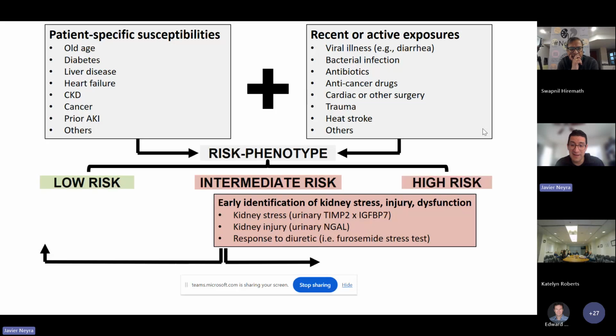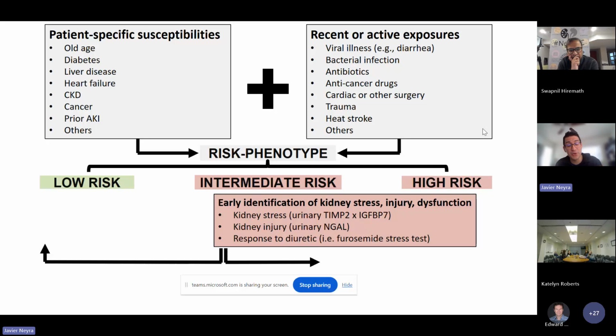So you can identify yourself patients at low risk, intermediate risk, high risk. If based on the classification of susceptibilities and exposures you have patients you consider intermediate risk or high risk, those are patients for whom you can use biomarkers that are FDA approved, like the cell cycle arrest biomarkers if you have them, or the urine NGAL for pediatrics if you have them.